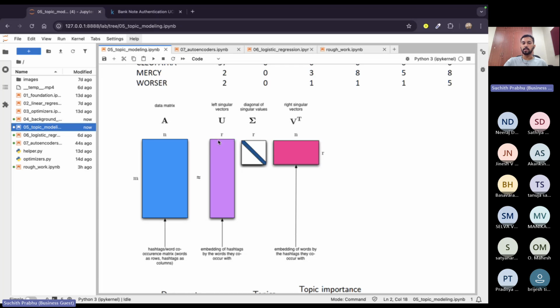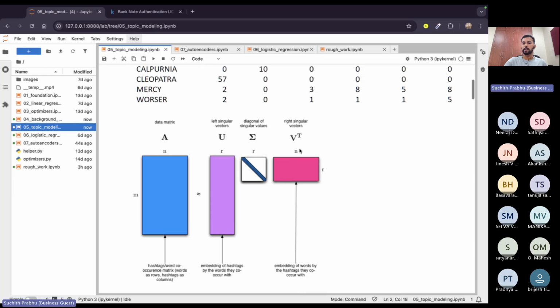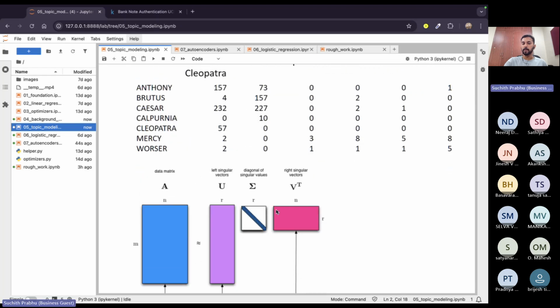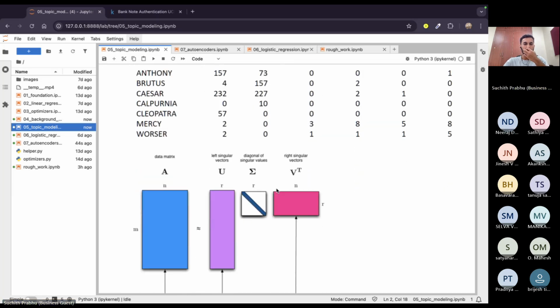Now the singular values will represent some topic which would be a combination of words. To get an idea of what topics are represented, we look at this V transpose matrix and, for that particular topic, get the words which have higher weightage in that.